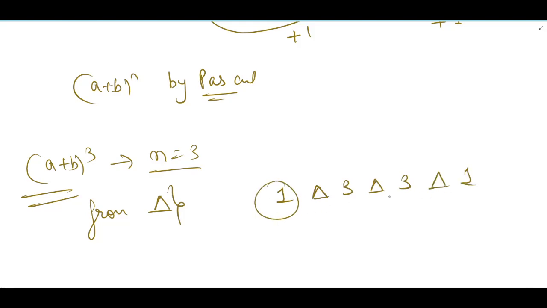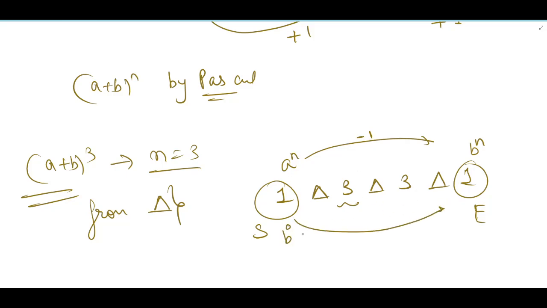So this is the starting point, this is the end point, and we know power of a is maximum at the start, and at the end point power of b is maximum. And here power of a will decrease by 1 in each step, and power of b will increase by 1 in each step.